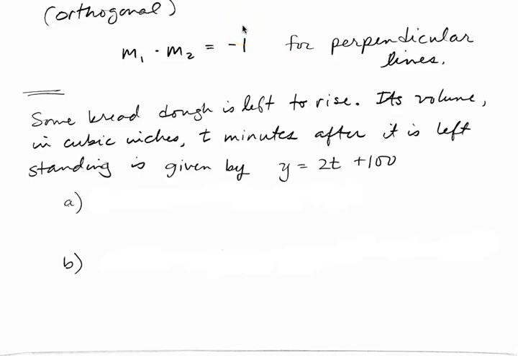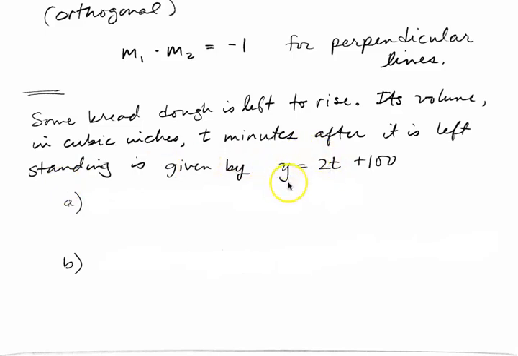All right, so we'll end on this one here. Some bread dough is left to rise. It's a word problem. Its volume in cubic inches, so this bread dough has some volume, right, t minutes after it is left standing. So the dough is left standing at t equals 0.